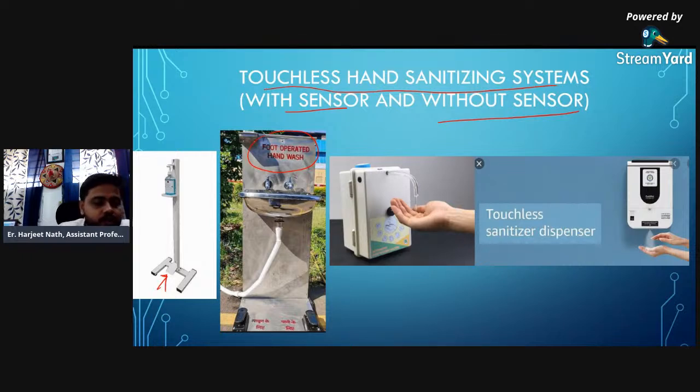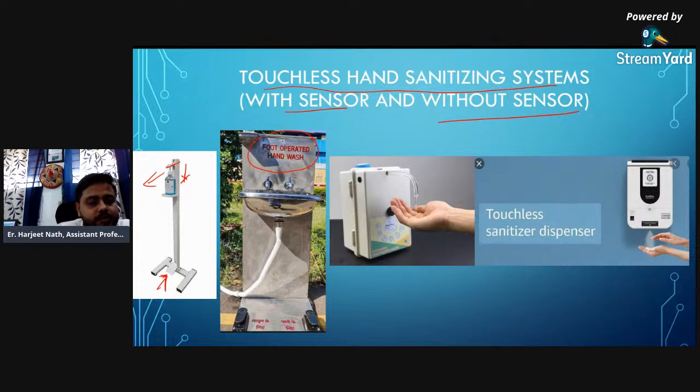When you press the pedal, a shaft at the top of the system comes down and accordingly your soap gets dispensed in your hand.